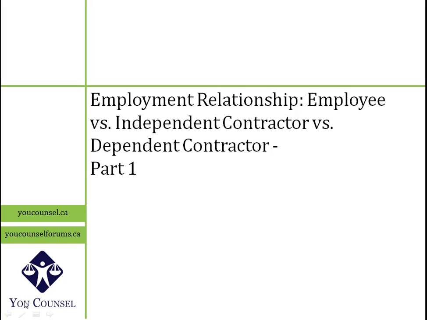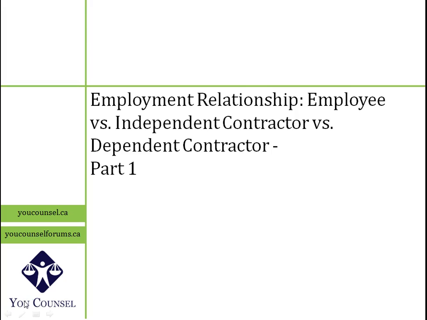Oftentimes people make assumptions about the nature of their employment relationship, and sometimes that assumption is correct, sometimes it's not. And when that assumption is not correct, a lot of people potentially lose certain rights that they would have been entitled to otherwise.